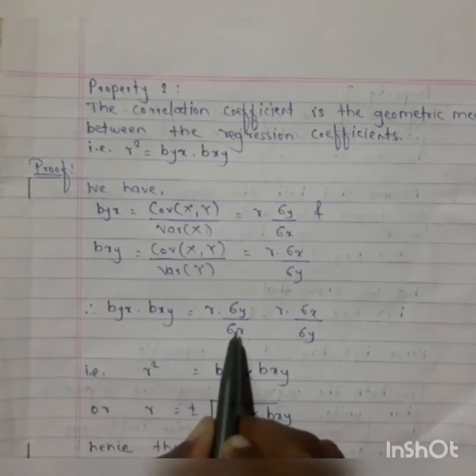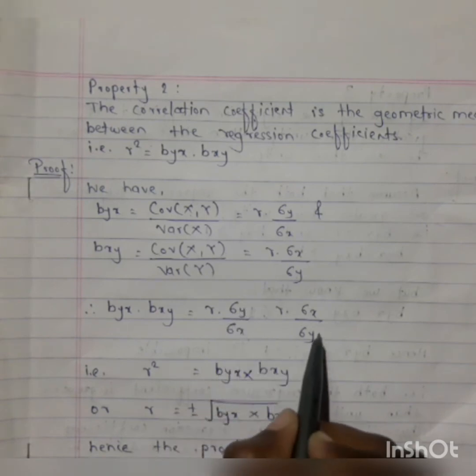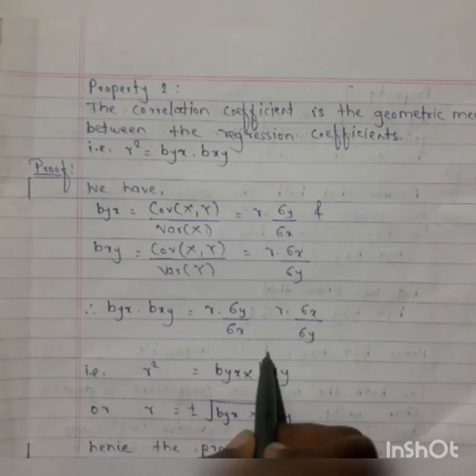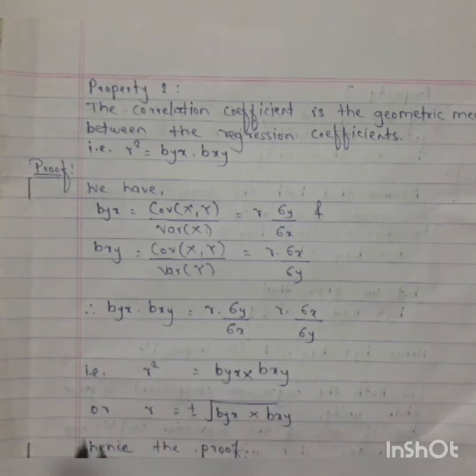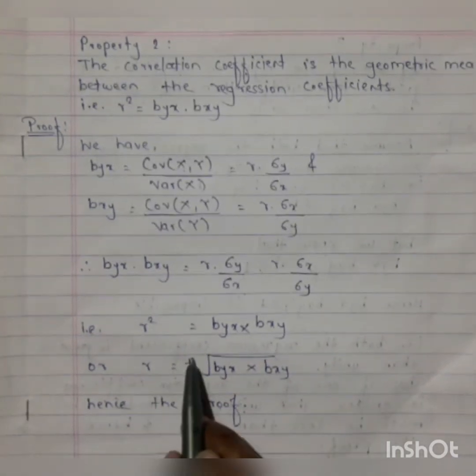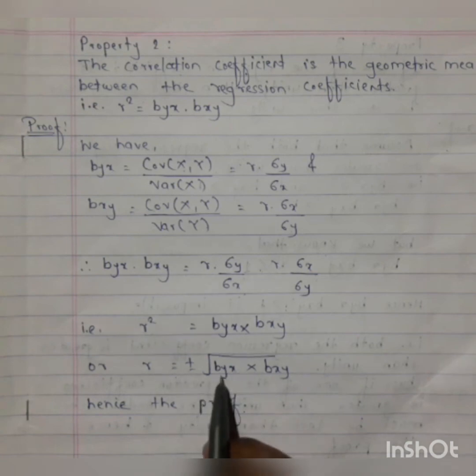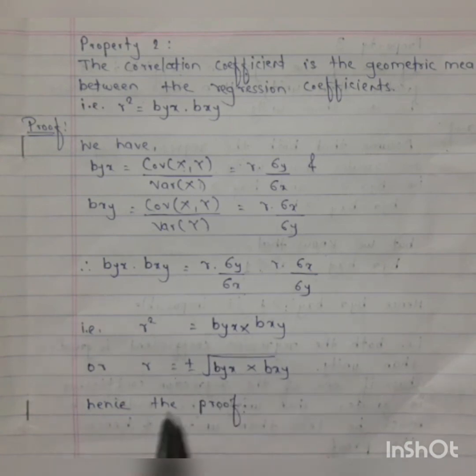Sigma y and sigma y get cancelled, sigma x gets cancelled, and r into r is r square, which is equal to byx into bxy. Or we can also write r is equal to plus or minus under root byx into bxy, hence the proof.